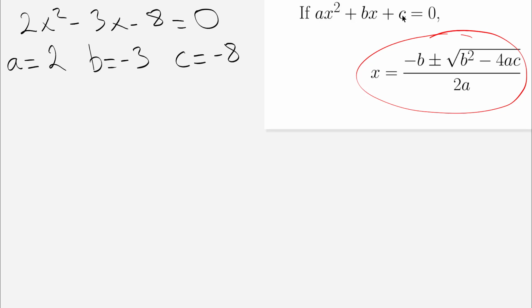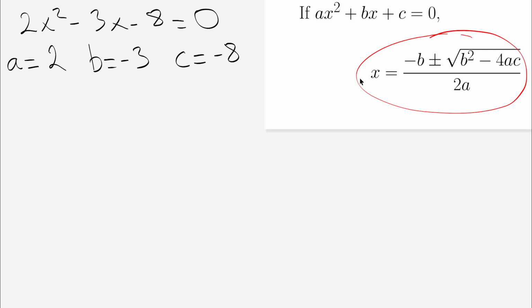After we identify a, b, and c, it really is just a case of being very careful and filling in this formula. My advice to you is to use brackets every time you're filling in a, b, and c, especially if you're going to be typing it into a calculator. It's important to be clear and use your brackets.